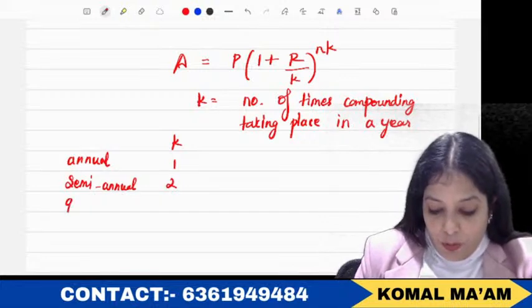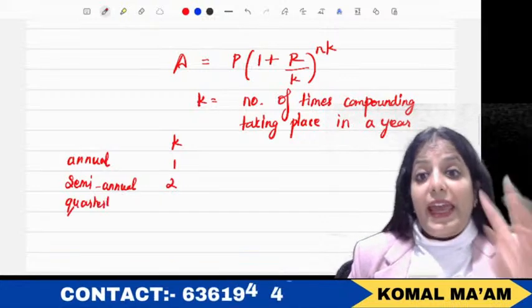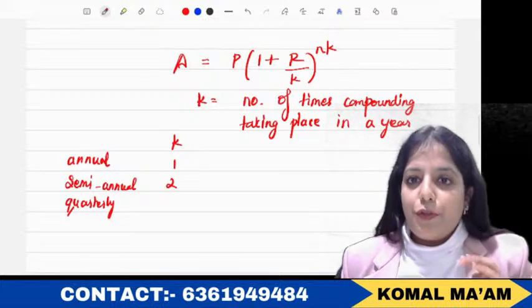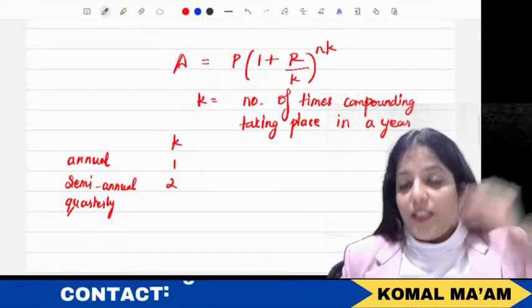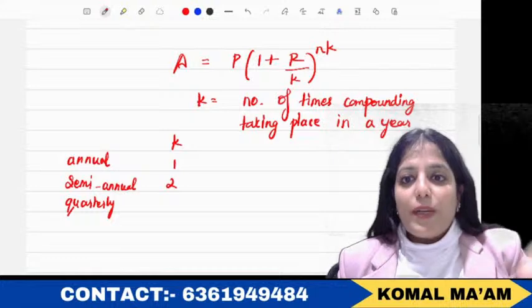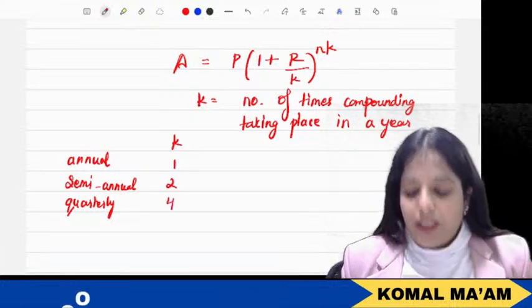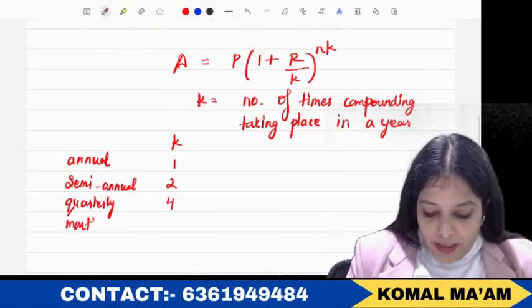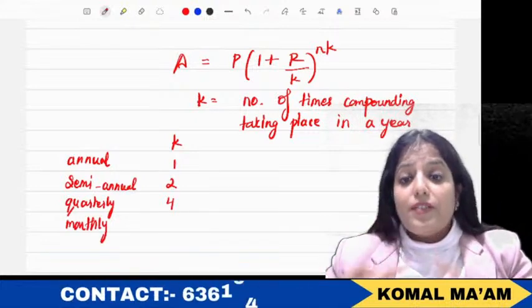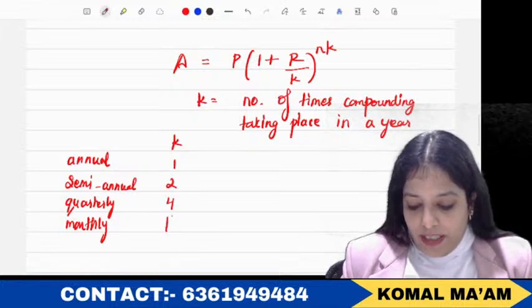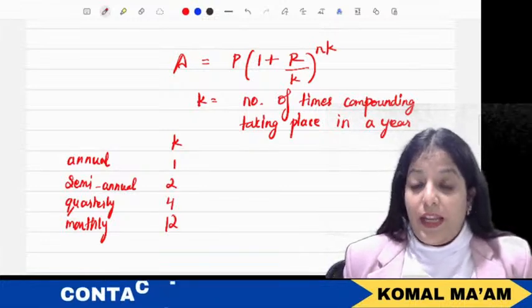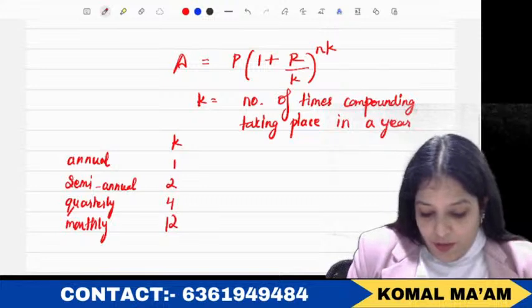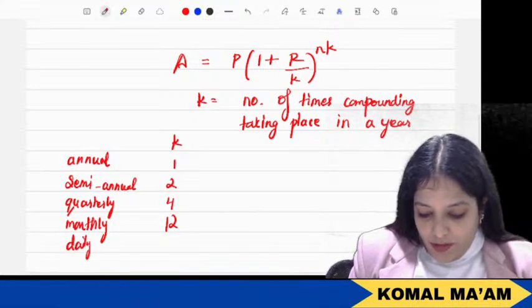If it is quarterly, it means every 3 months. Quarter is a period of 3 months. So if every 3 months the principal is going to change, how many times will compounding be done? It will be done 4 times, right? And if compounding is done monthly, that means every month the principal is changing, so the K value will be 12. And if it's daily, then it would be 365.